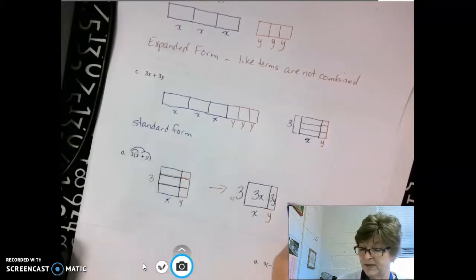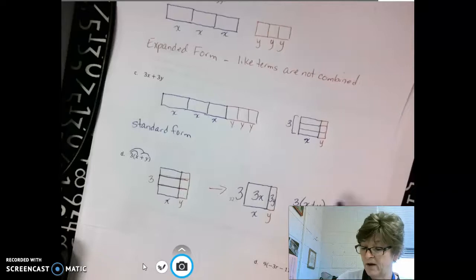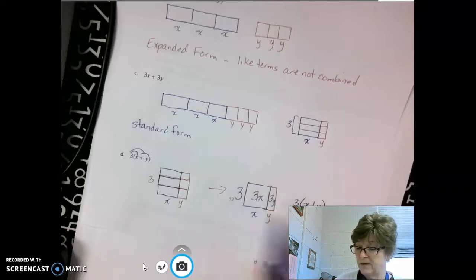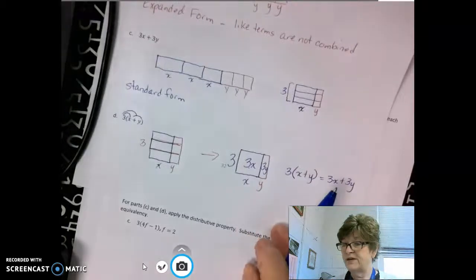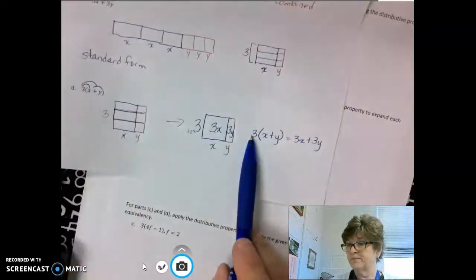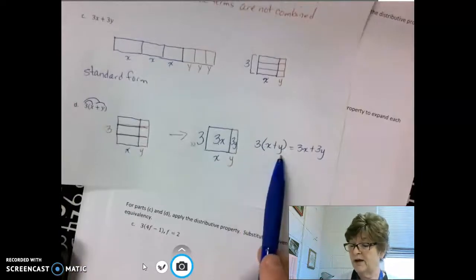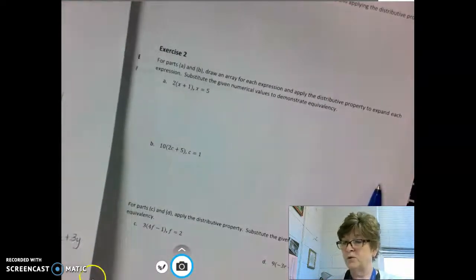So now you're beginning to make those connections. 3 times the quantity x plus y also gave me 3x plus 3y. And that is our definition of the distributive property. Finding the product, the sum. We will continue with part 2.